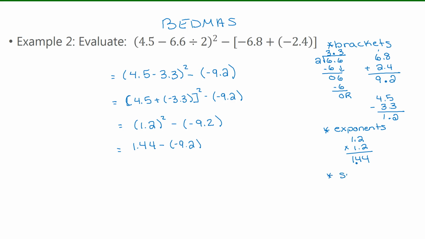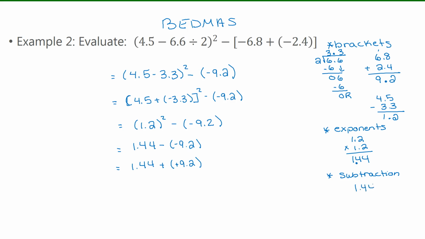We have one operation left now, which is subtraction. Once again, I'm going to change that to adding the opposite. So here, since we're adding two positives, we just need to add them together, and our answer is going to be positive.